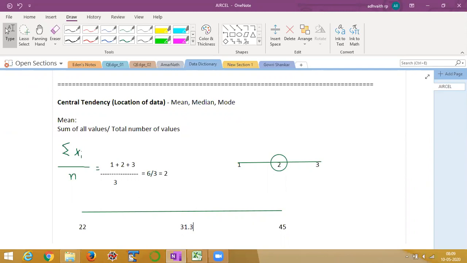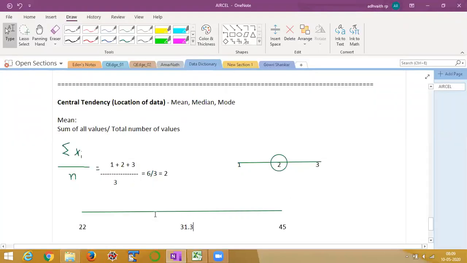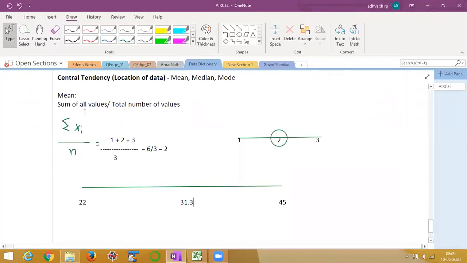There will be chances that your values are lesser or higher than the center. But most of the data points are around 31 to 31.3. From the center, some values are less than 31, some are greater than 31. That is the mean position. So this is mean.